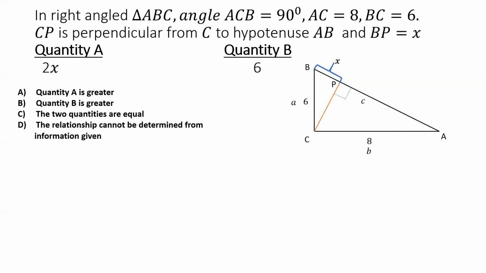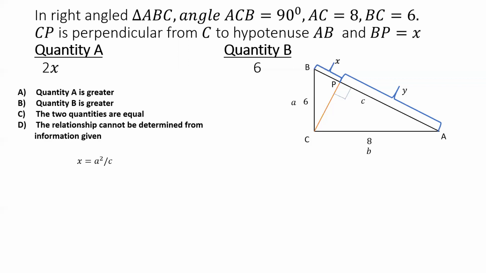So let's call the side BC as a, side AC as b, and then side BA or AB as c, and let's call the other part, so BP is given as x, let's call the other part y. So this is consistent nomenclature with the proof that I showed previously. So we know that x is equal to a squared by c from the previous proof.